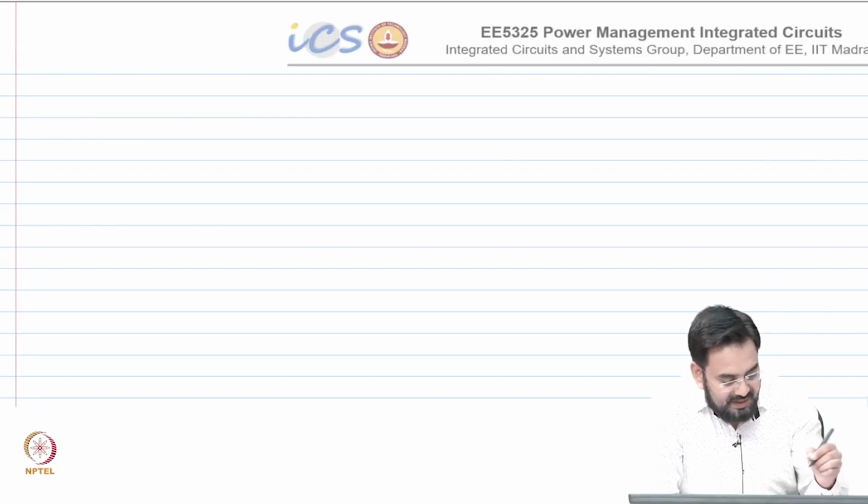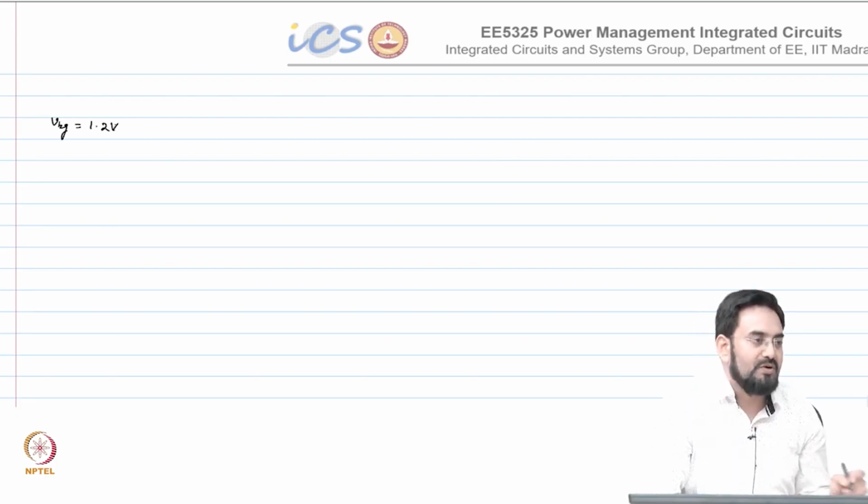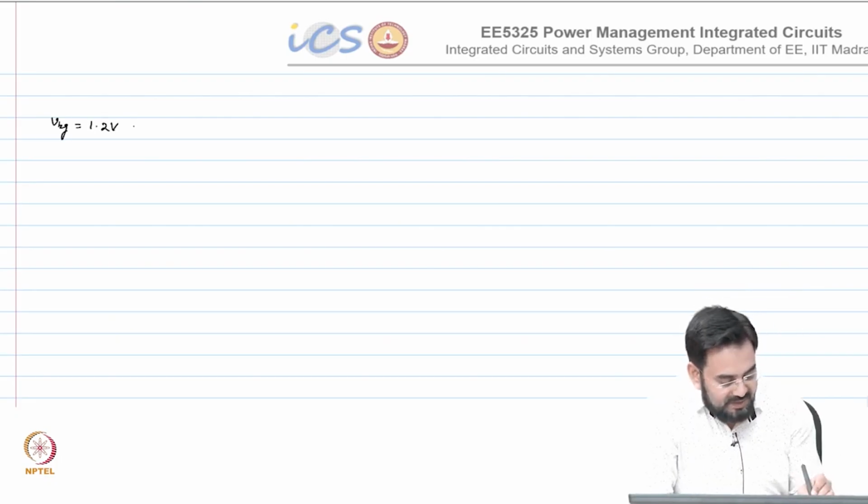So if you have a standard band gap 1.2 volt and you want a lower voltage, you can still do that by using this circuit.